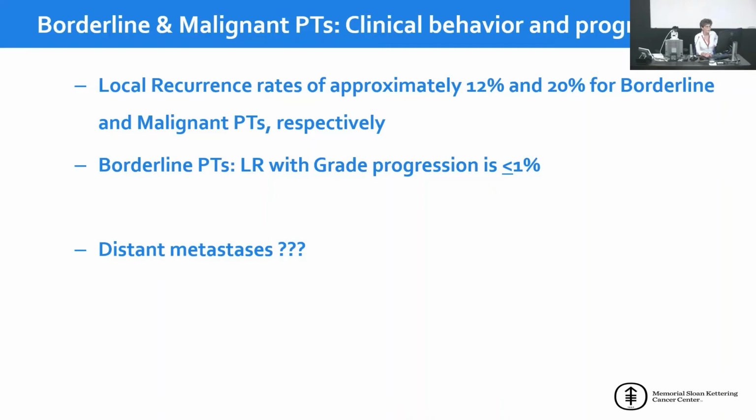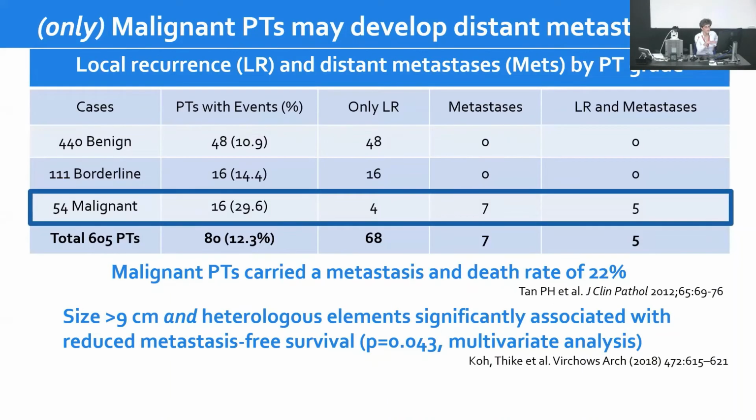In terms of distant metastasis, this is another series, the same series from the Singapore group. They look at the local recurrence rate and distant metastasis. The events are very rare. Distant metastases for phyllodes tumor are not that common, but they clustered only with malignant phyllodes tumor.